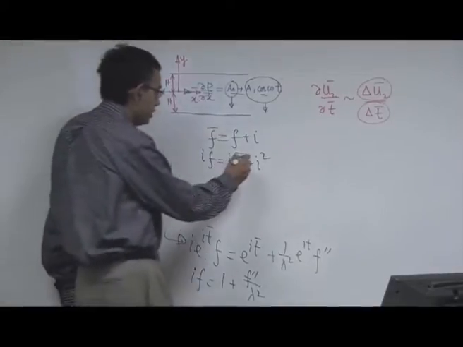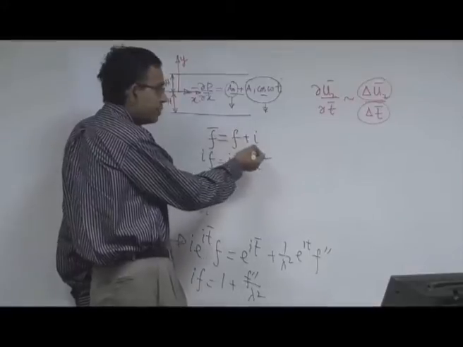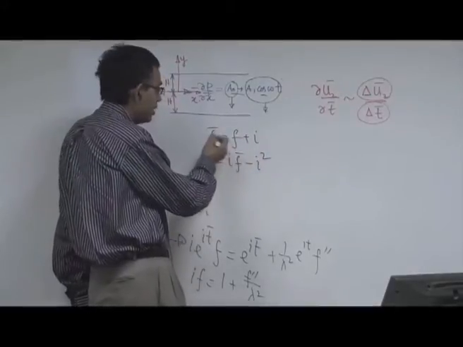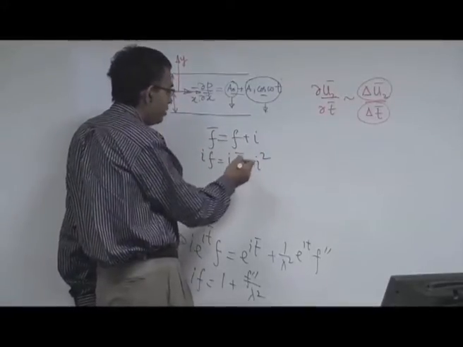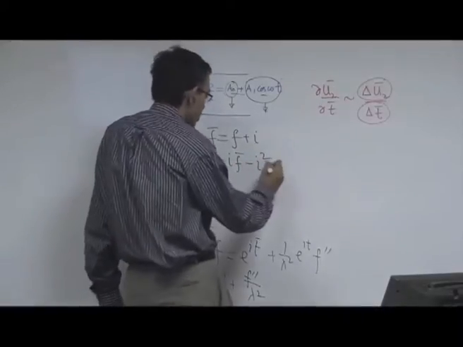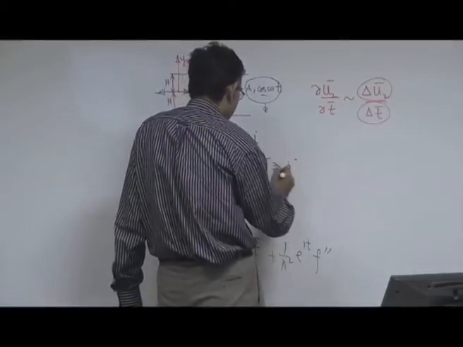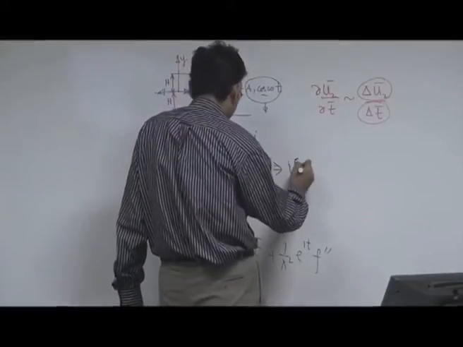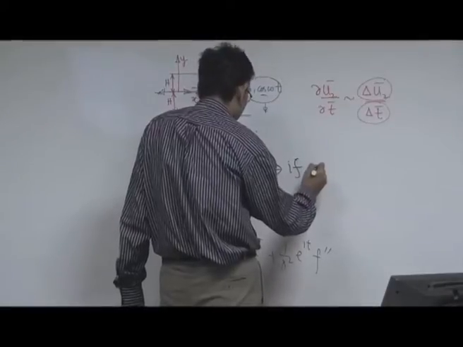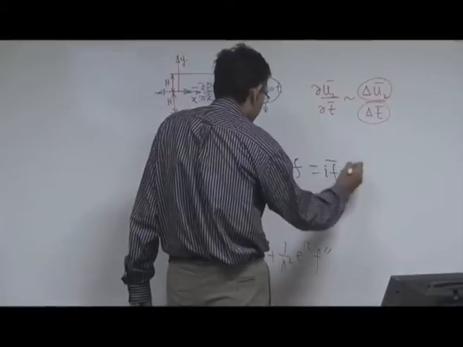No, we have taken it on the other side, so it has become minus, okay. I f is equal to I f bar minus I square, and I square is minus 1. So, I f is equal to I f bar plus 1.